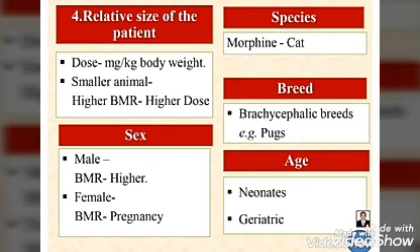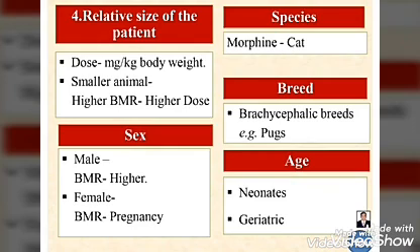But in pregnant females, the BMR is higher due to the metabolic activity of the fetus, so they require a higher dose as compared to non-pregnant females. Males generally require a higher dose, and pregnant females also require a higher dose because the BMR is higher due to fetal activities.